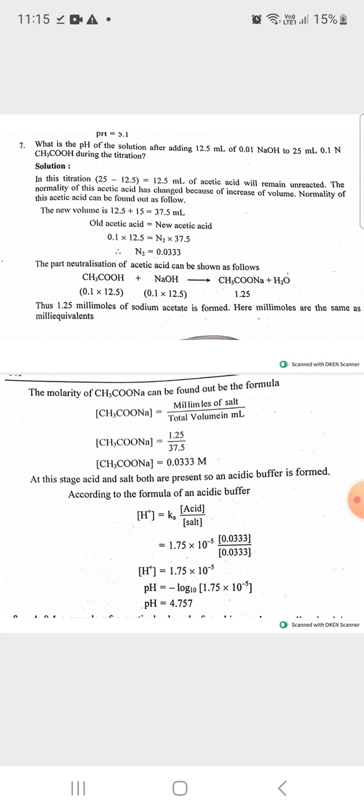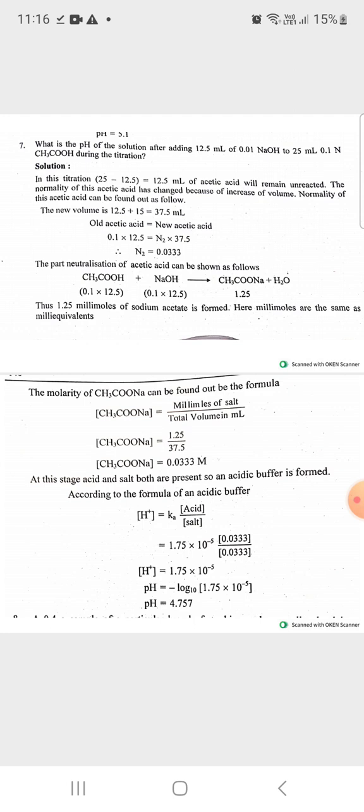The acid molarity we have determined, that is 0.0333, upon salt molarity we have also determined, that is 0.0333. So the 0.0333 cancels, and H plus is equal to 1.75 multiplied by 10 raised to minus 5.